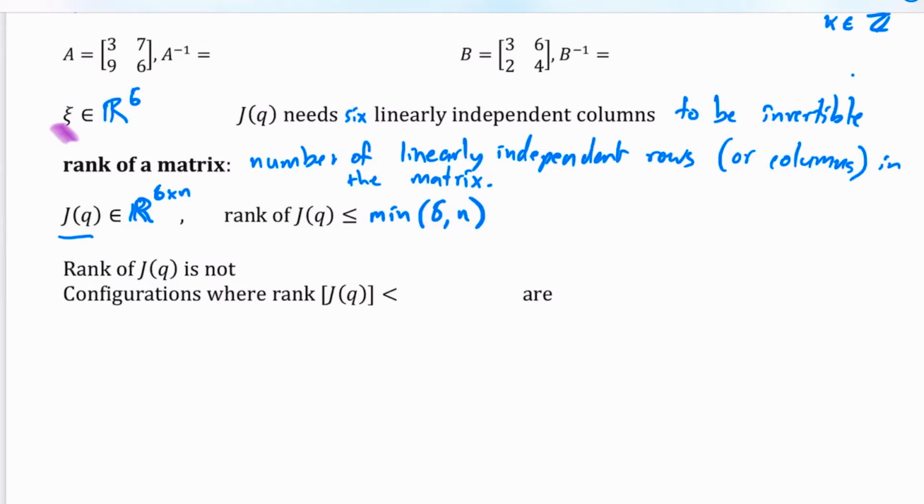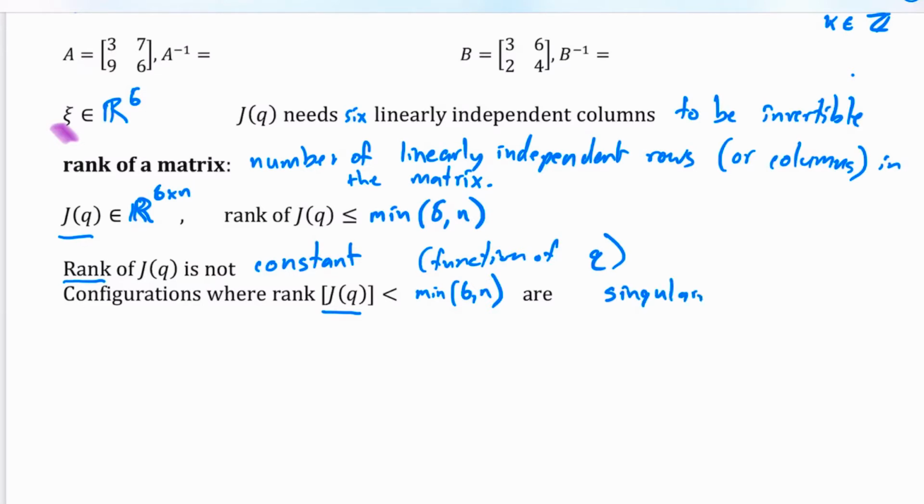An interesting thing about robots, if you have revolute joints, is that the rank of J of Q is not constant. It varies as a function of Q, where Q is your configuration. And so we're looking for places where the rank of J of Q is less than the minimum of 6 and n, because those are our singularities.